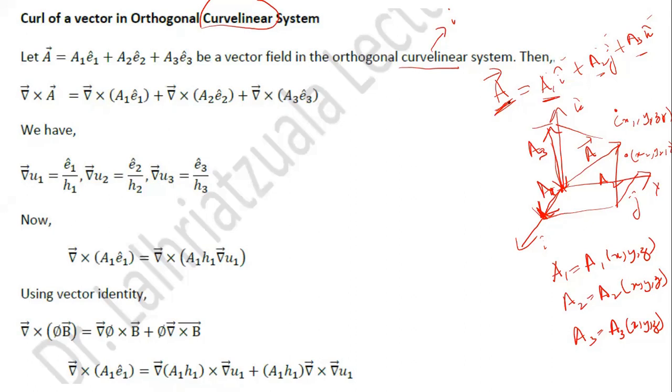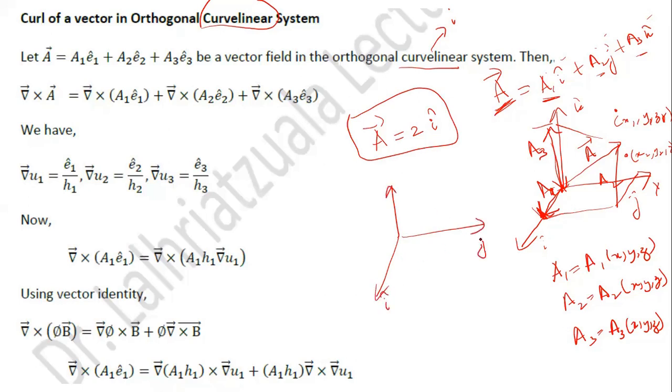And suppose I have a vector like this, which is 2 i cap, for example. This is not a vector field. This is a constant vector. As you see, any point you take, this is your i cap direction, this is your j cap direction, this is k cap direction, for example.